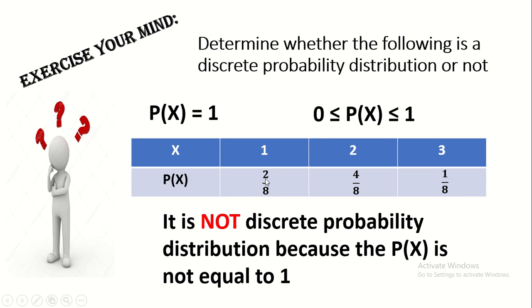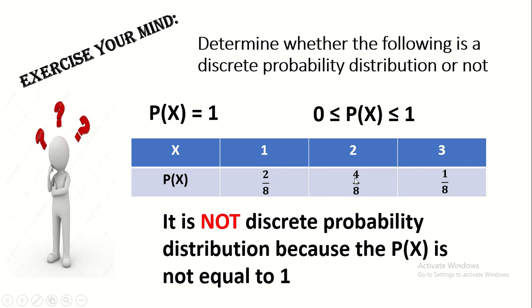Let us see. 2 plus 4, that is 6. Plus 1, that is 7. So, ang mangyayari rito, 7 over 8. So, 7 over 8 is not equal to 1. So, na-violate niya yung unang property ng discrete probability distribution that P of X will always be equal to 1.